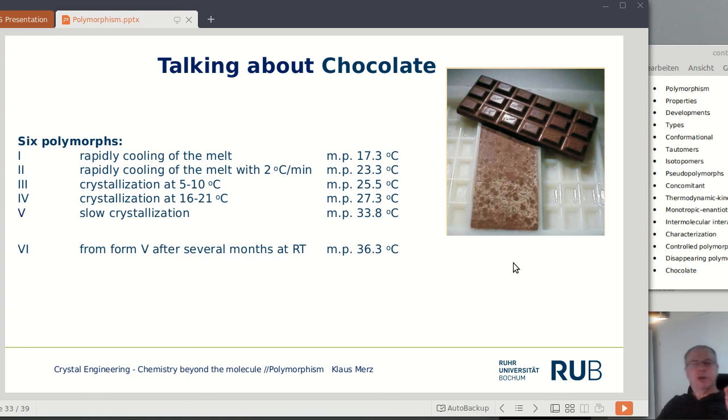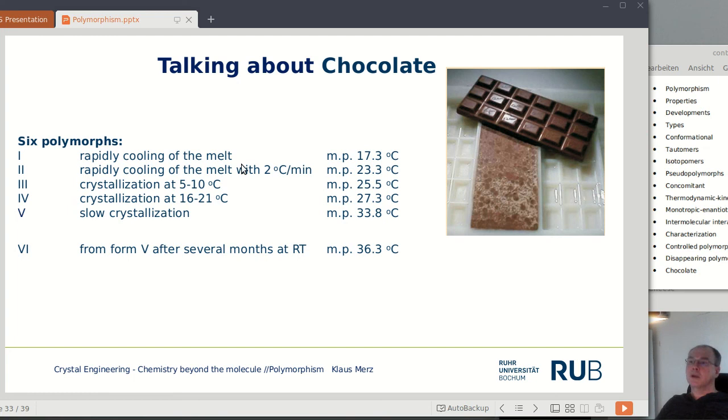There are 6 polymorphs known about chocolates, or 6 forms. I would say 6 forms. 1, 2, 3, 4, 5, 6. And you see the difference is the melting point. Rapidly cooling from a melt, you will get a form with 70 degree melting. It's below room temperature.